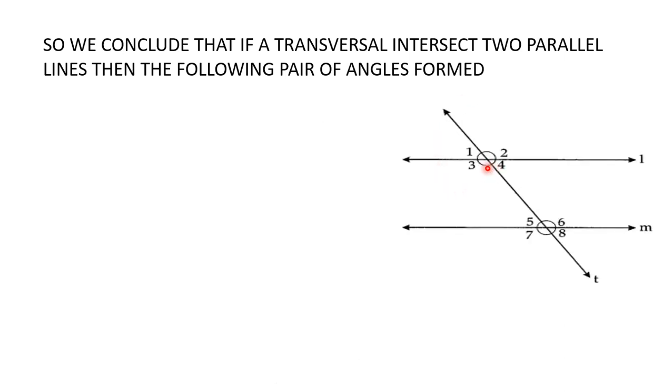So, now we can say, if a transversal intersects two parallel lines, then the following pairs of angles are formed. In this figure, 8 angles are formed by the two parallel lines and a transversal. So, let's recall these angles.